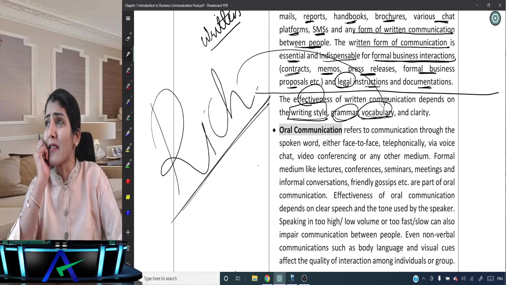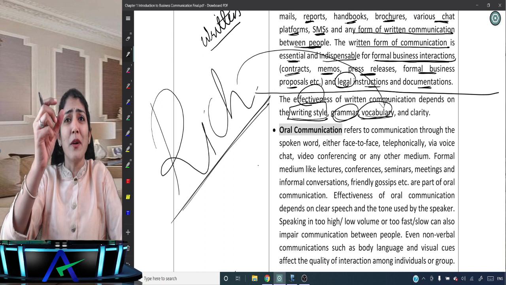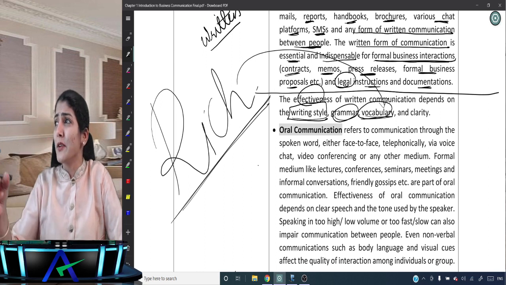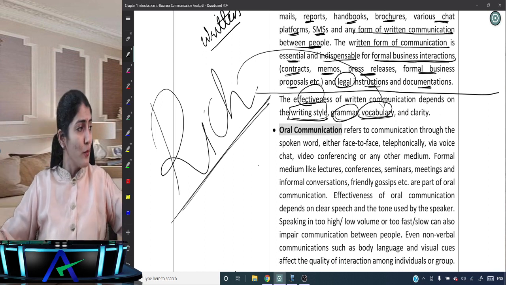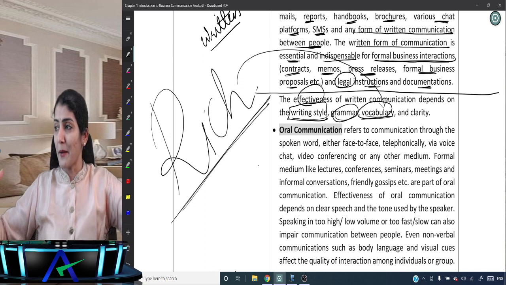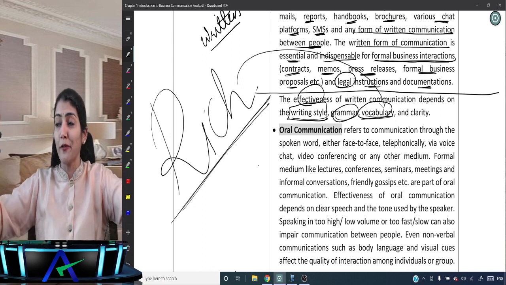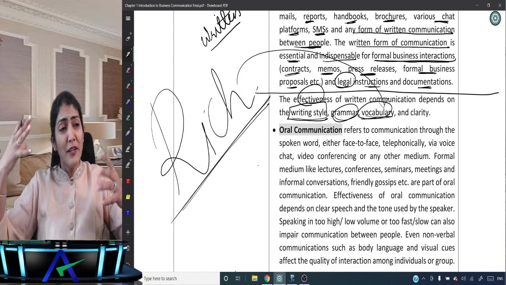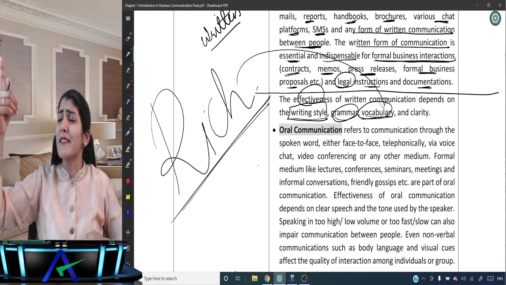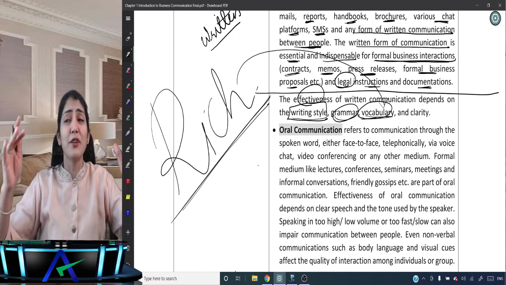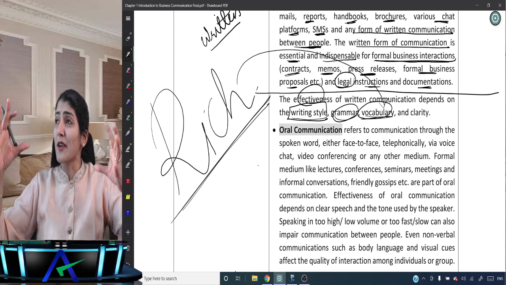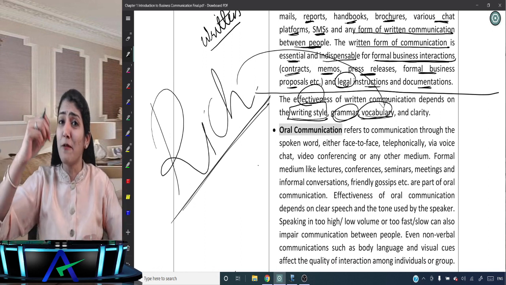Many times it happens that I'm not getting that word, what it is called. When many musical instruments are being played together and their sound is merging into each other and a wonderful piece of music is created, they call it some word.